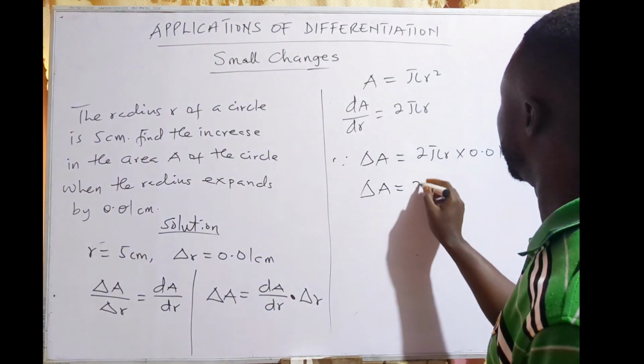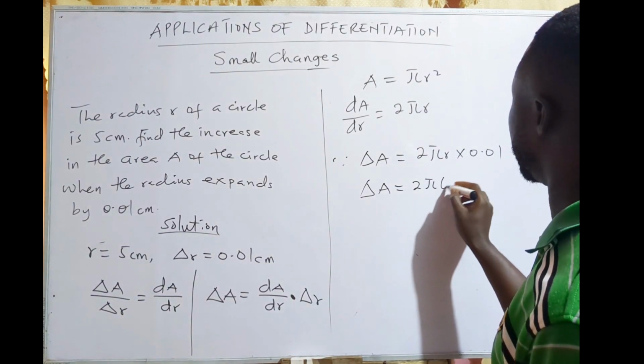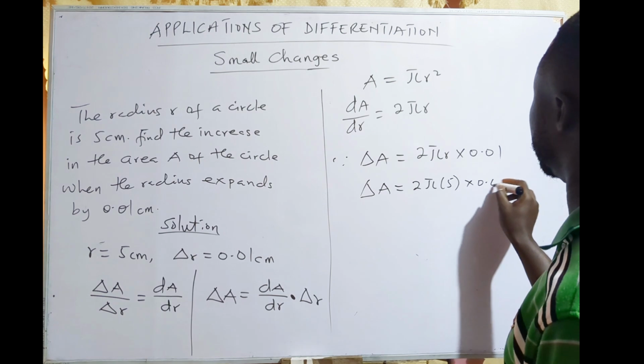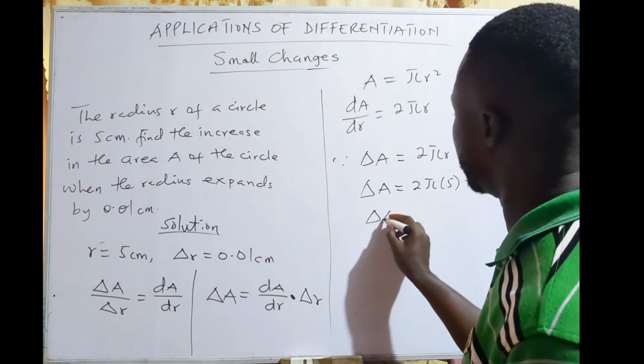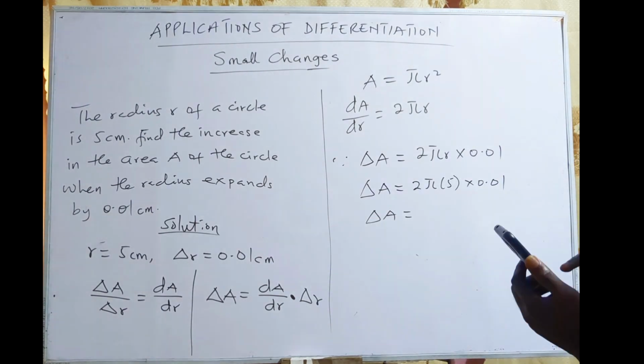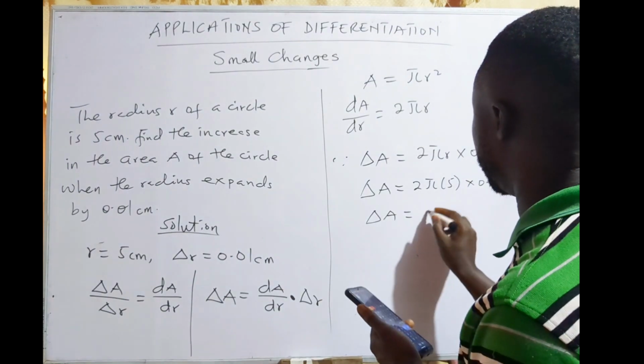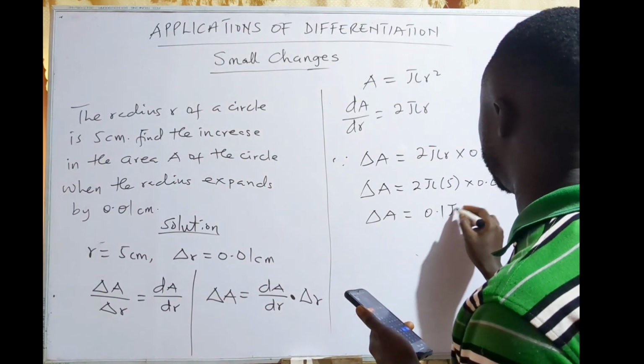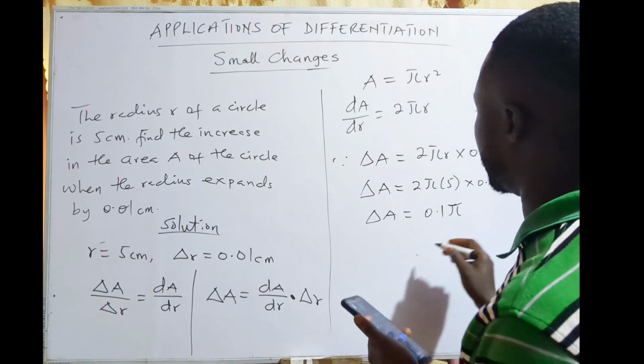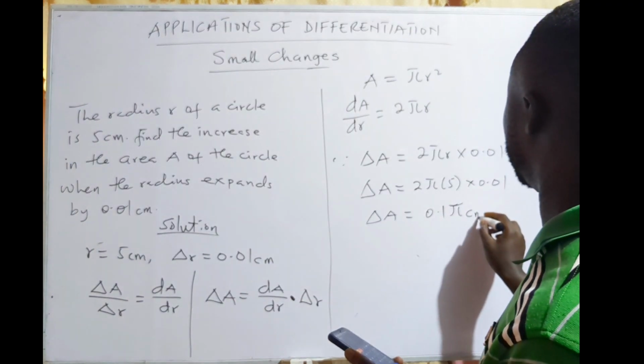So 2 pi multiplied by 5 times 0.01. So that the change in the area will become 2 times 5 times 0.01, and that will give us 0.1 pi centimeter square.